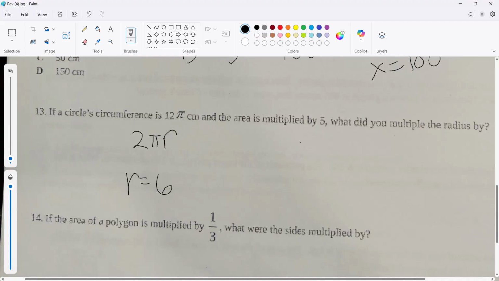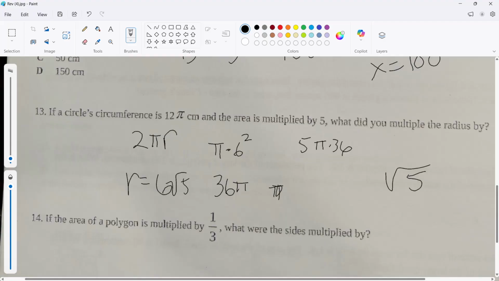Well, the original area would be pi times 6 squared, which would be 36 pi. And if I multiply that by 5, I would have multiplied the radius by the square root of 5. So this would be 6 square root of 5.